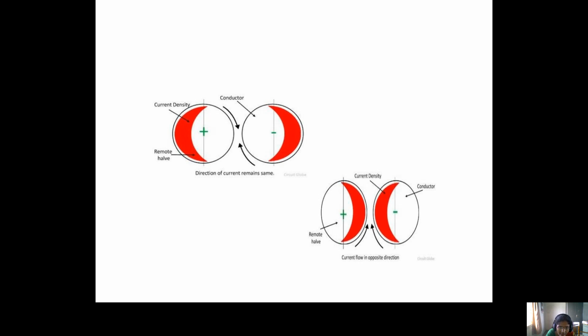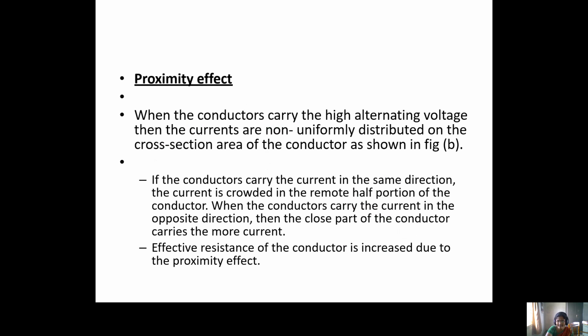See here, direction of the current. Without proximity effect, the current direction will be the same. But with the proximity effect, the current will flow in the opposite direction. If the conductors carry the current in the same direction, then the current is crowded in the remote half portion of the conductor.